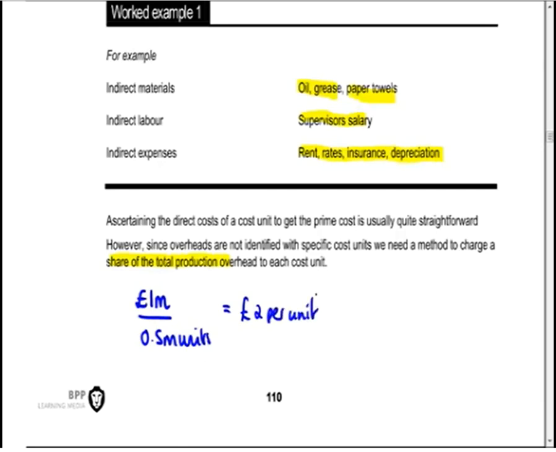That's very simplistic if we've just got one type of overhead and one production unit. But that's the basic premise of what we're doing, as we're sharing out the overheads between the number of units. What we're going to see now then is that we have to work out how to get to that 1 million and how to get to the 0.5 million. So we're going to work through a diagram in section 2 of the absorption costing steps.